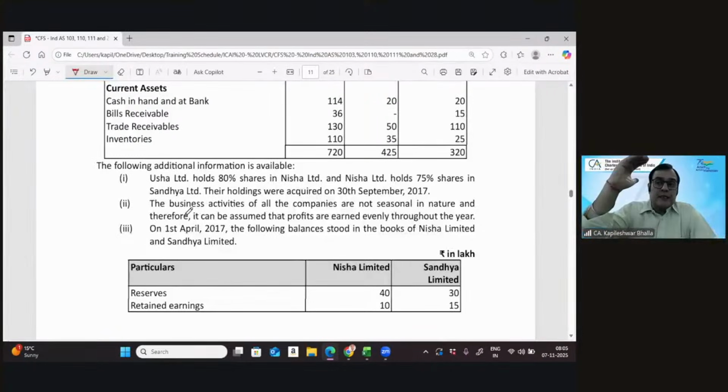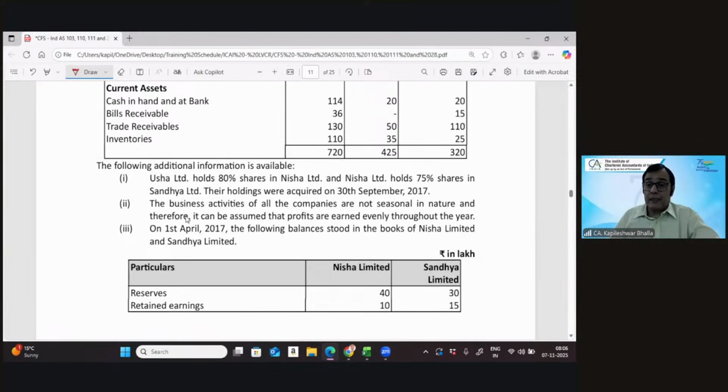So it's like a chain. Usha has got shares in Nisha. Nisha has got shares in Sandhya. The holdings were all acquired on 30th September 17.